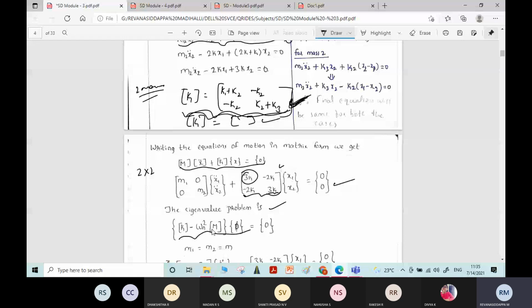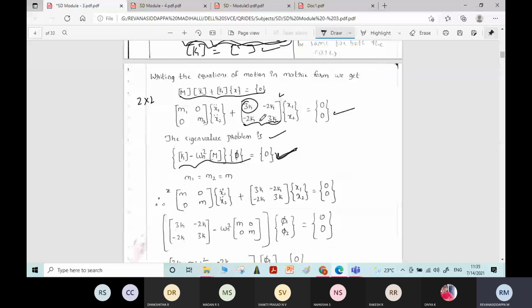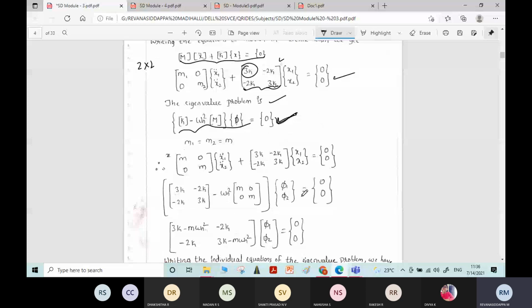Matrix K is known, the mass matrix is known here, M1 0 0 M2, and the modal matrix phi you take as phi 1 and phi 2. So K minus omega n square M into phi 1, phi 2 equal to 0.